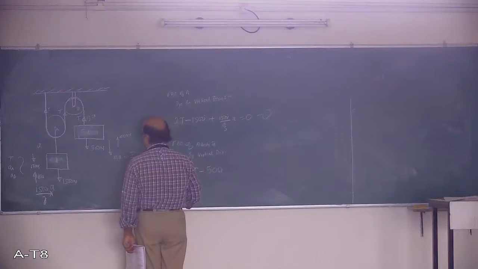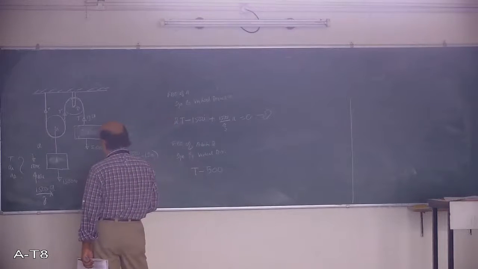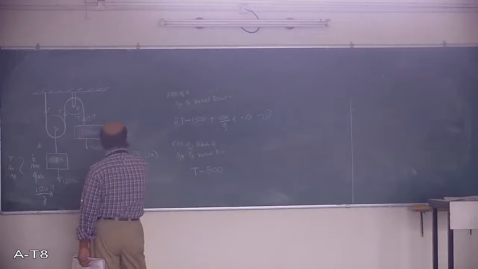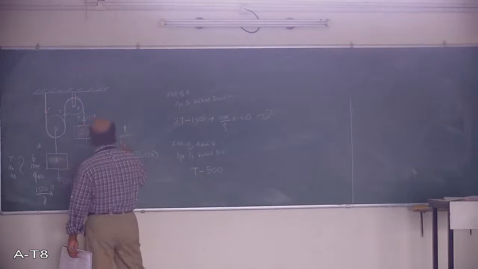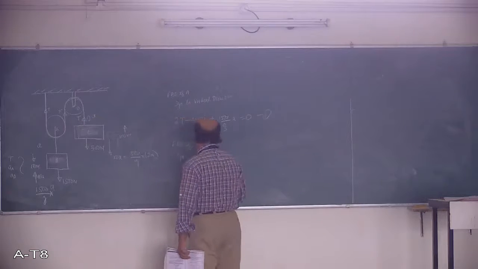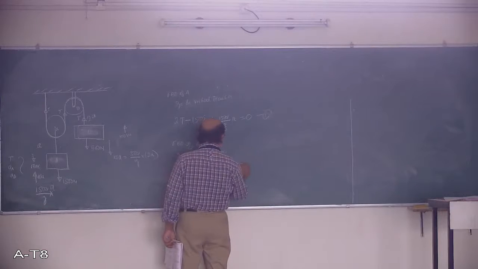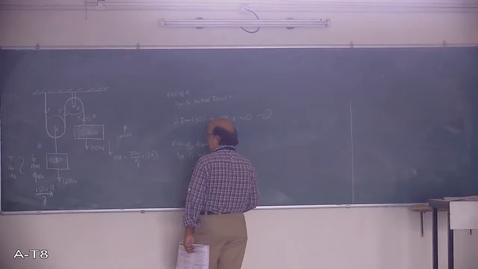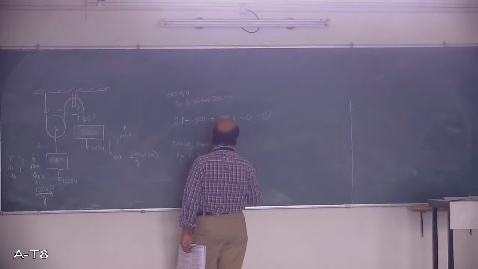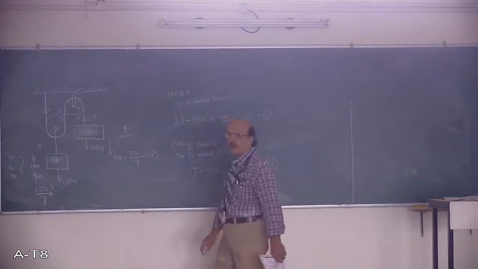And inertia force is acting in the upward direction. There is one confusion, let me tell you. Inertia force is acting downwards for this block. So along with this, it will come 500 upon g, but the acceleration of this will be twice of that, so into 2A. This is equation number 2. Equation number 1 and equation number 2.